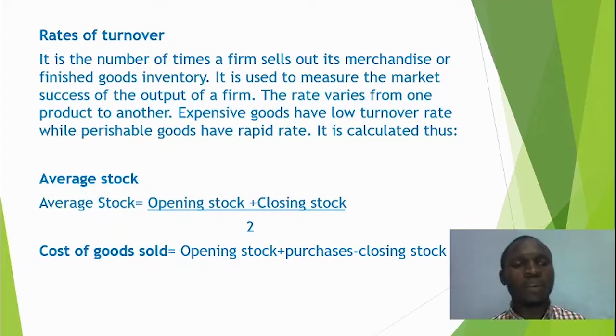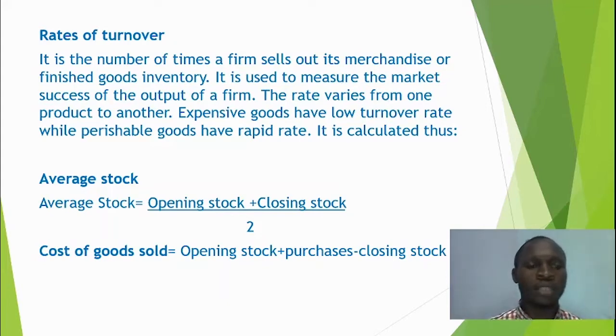The rate of turnover varies from product to product, because some products sell faster than others, some are expensive and some are cheap, while some are perishable and some are non-perishable.